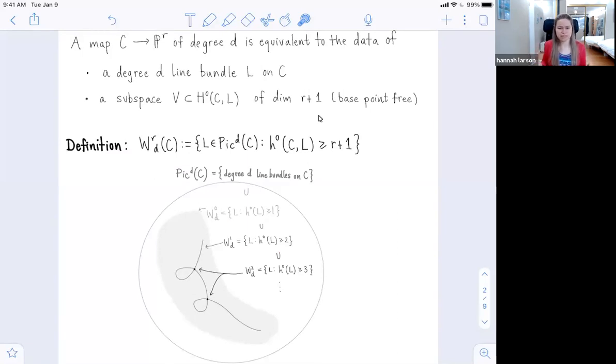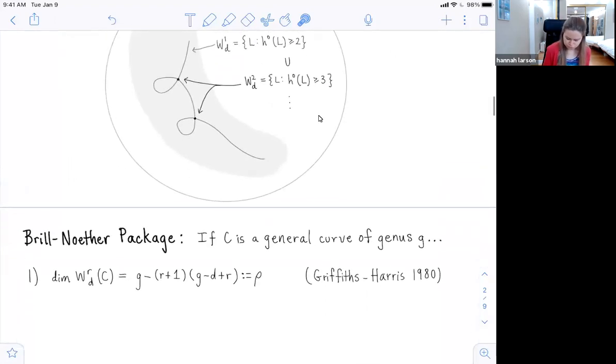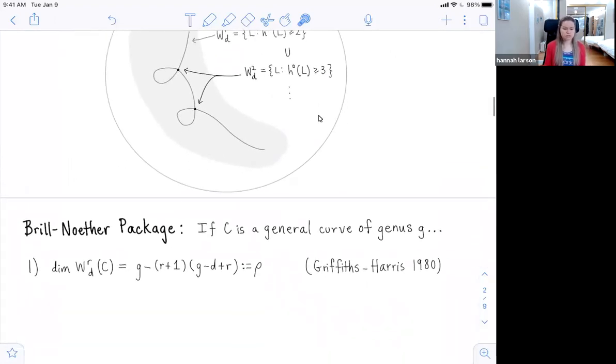One of the great achievements in the modern study of algebraic curves has been to describe the geometry of this picture when C is a general curve. So first, the dimension of W^R_D is g minus (R+1) times (g minus d plus R).